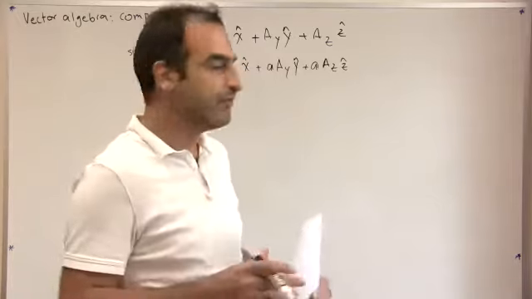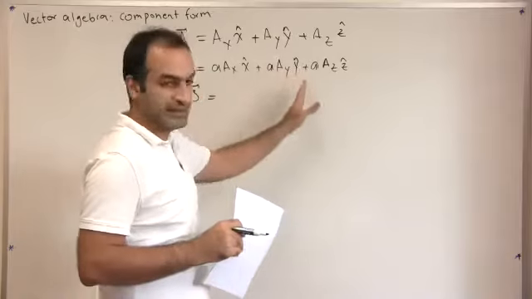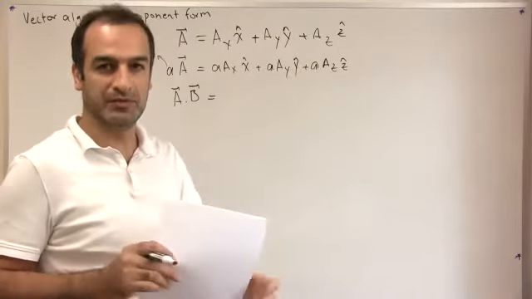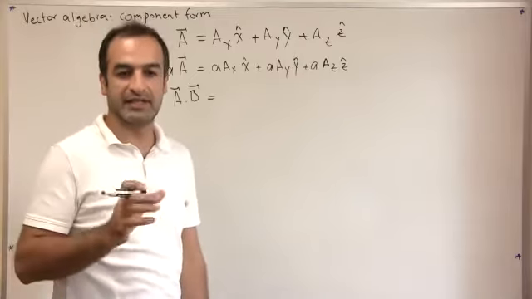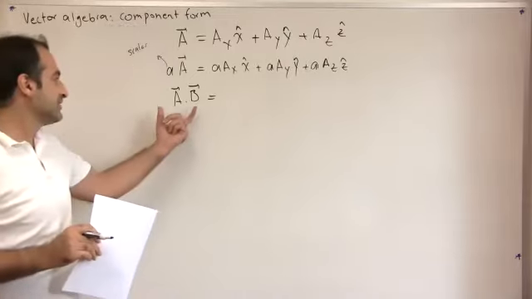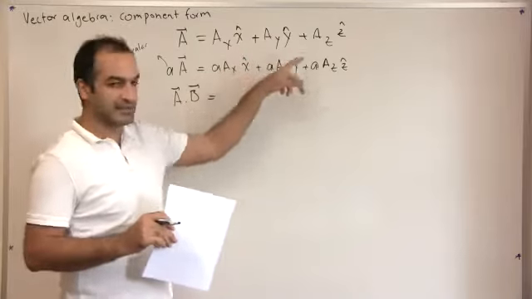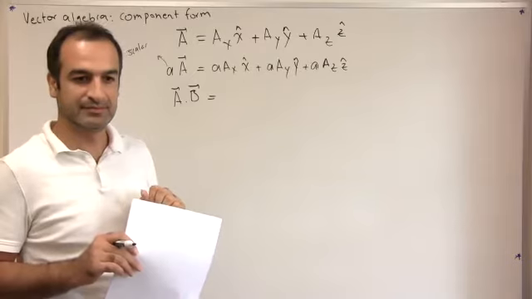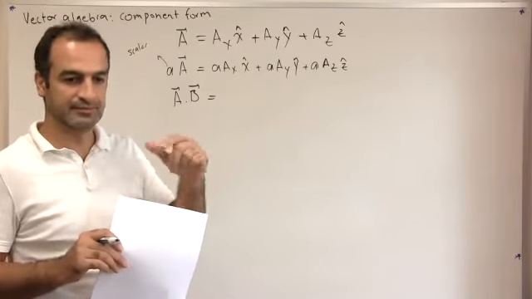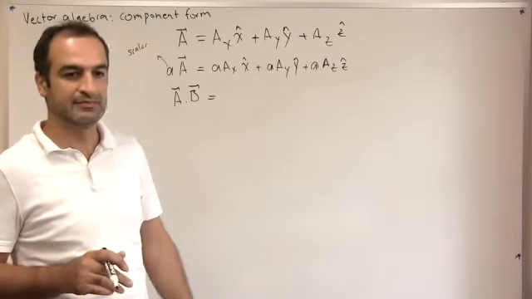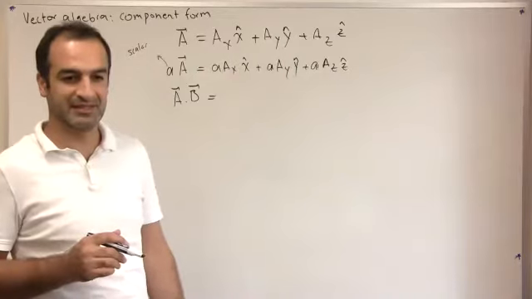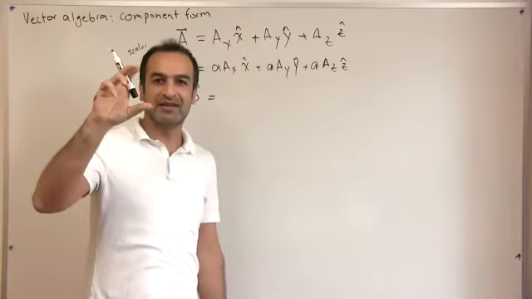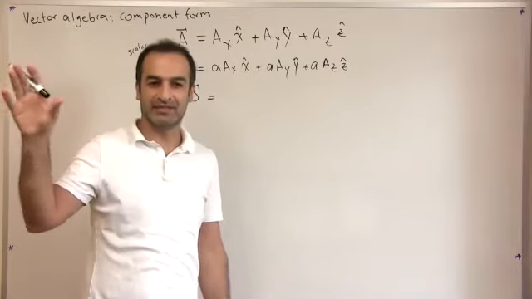Yes, but if you want to use only the component form, where we don't want to be worried about directions and angles, how can the dot product be written in terms of the components? You have Ax times Bx plus Ay times By plus Az times Bz. Technically you multiply the like components and add them up algebraically.